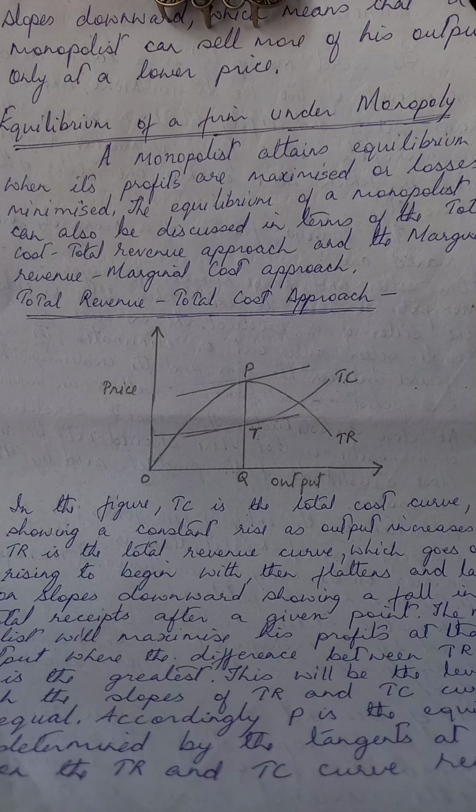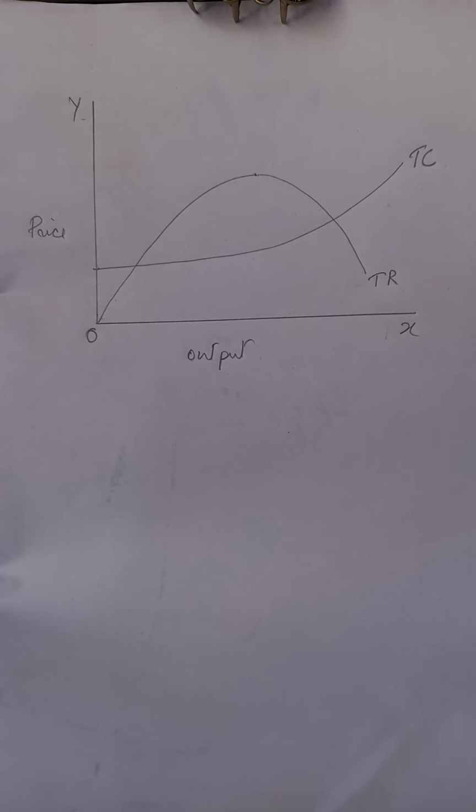That is how this approach tries to explain in what way a monopolist reaches equilibrium. So this is the figure illustrating the equilibrium of a firm under a monopoly market, using the total revenue, total cost approach.